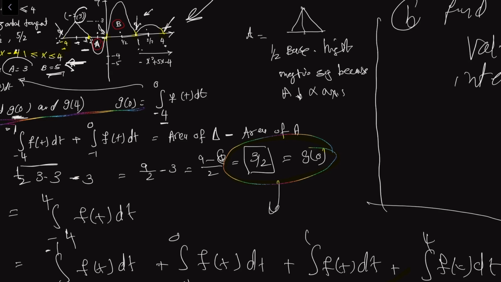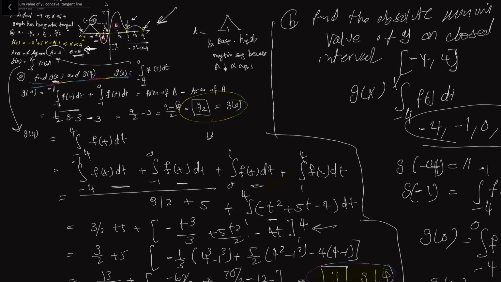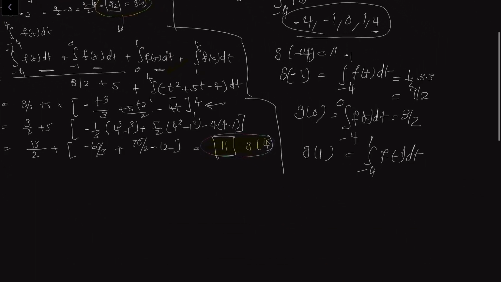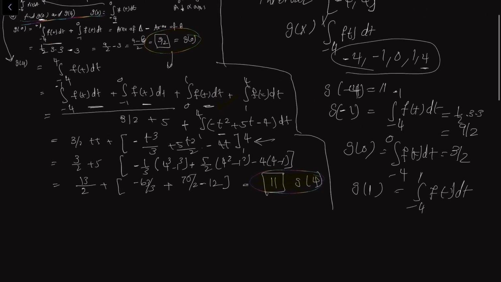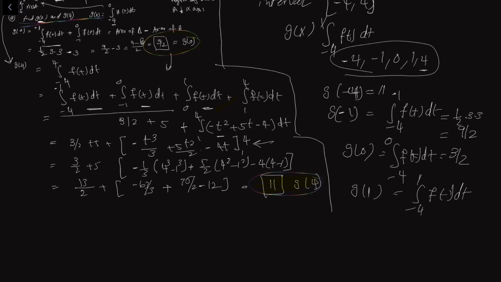We got g of 1 before, from -4 to 1. Yeah, right here. And that would be equal to 13 over 2.